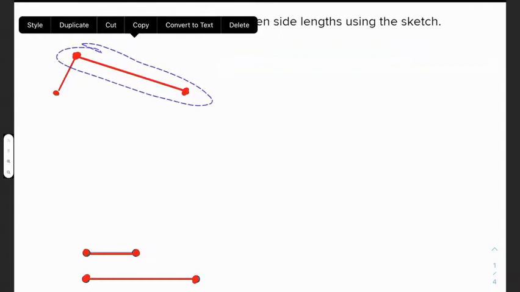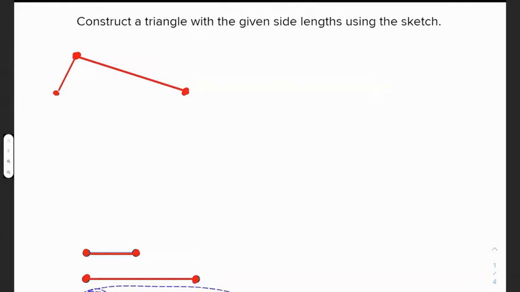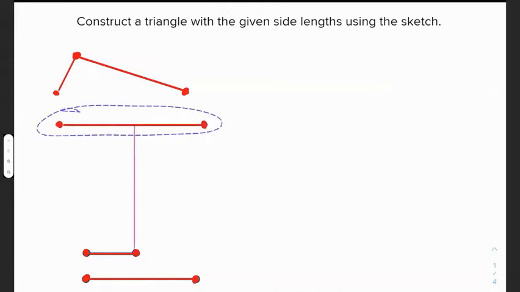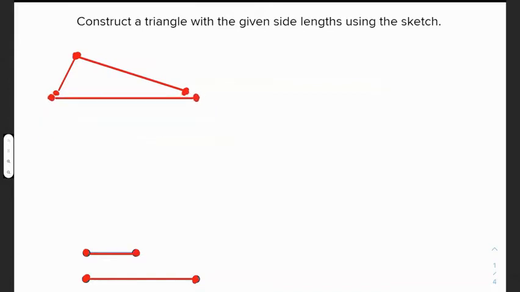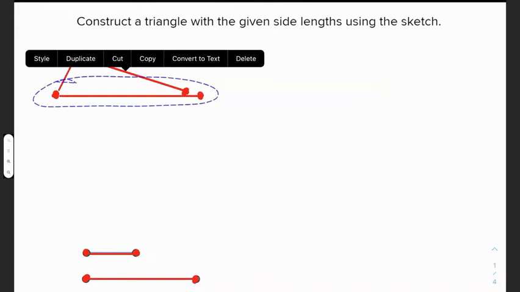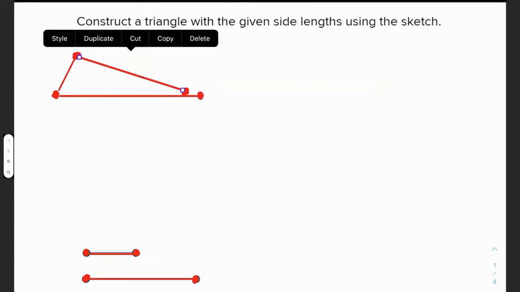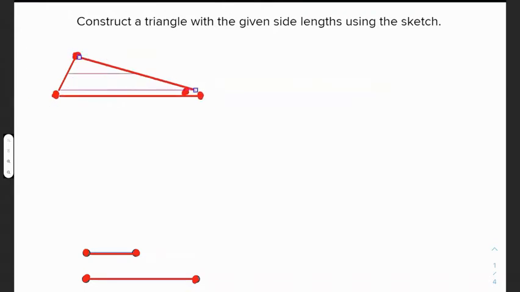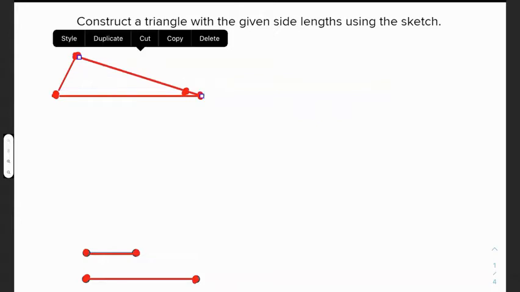And then I'm gonna get this piece right here. Copy and paste. I'm gonna move that right here. And it looks like I accidentally moved one of my lines. That's probably why it's not lining up. But it would look something like that.